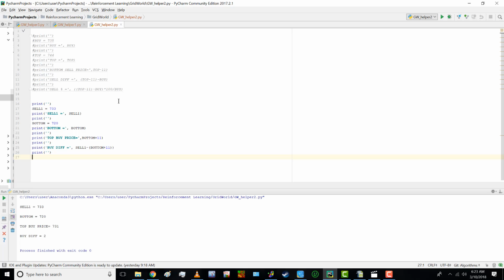Now that has been iterated through experience and need for adjustments to now 11, maybe 12, but $11 is a reasonable optimum. So we'll take the current position. I sold my last hypothetical position for 733, recorded a bottom at 720, and it's now predicting that I should buy at 731 based on this model.